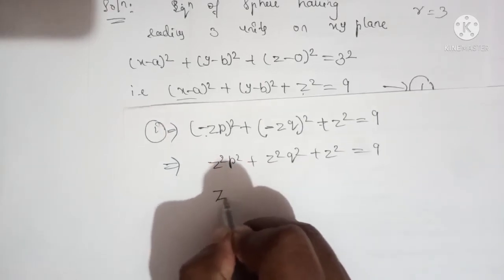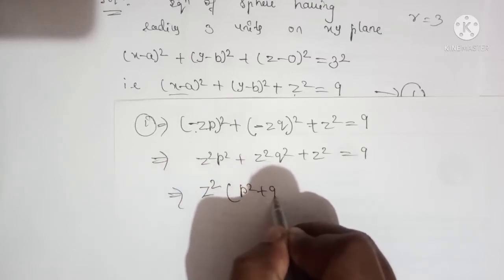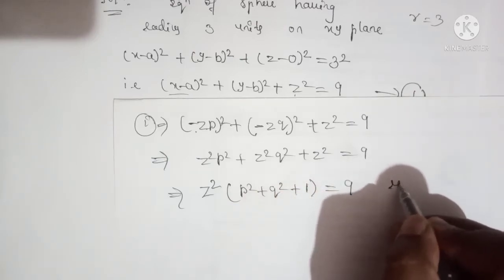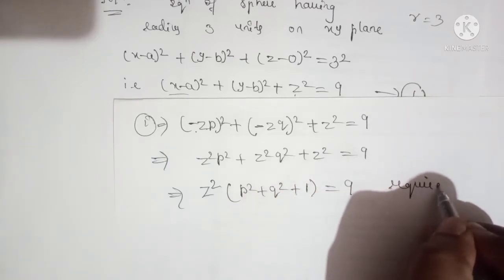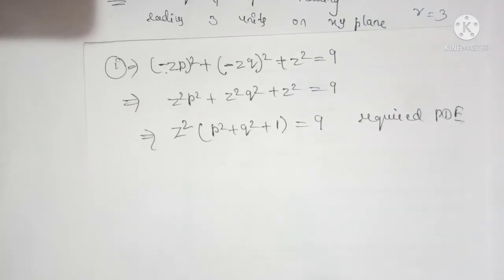We can take z square outside, so that we get z square times (p square plus q square plus 1) equals 9, which is the required PDE.